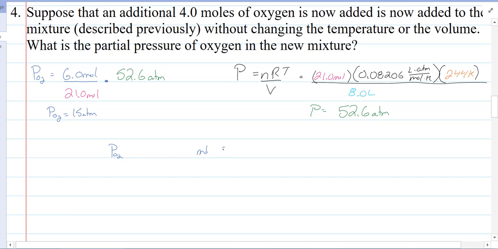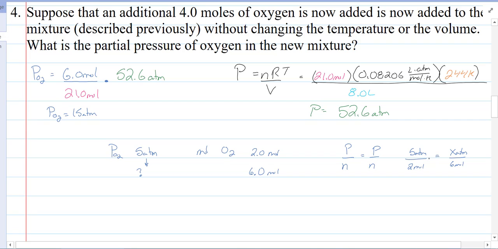moles of O2 are related. What happened here? The pressure went from 5 atmospheres to what? And the moles of O2 went from 2 to 6. So it's kind of like P over N equals P over N. If I'd done 5 atmospheres over 2 moles equals X atmospheres over 6 moles, since that's a triple, 5 times 6 is 30, divided by 2, 15.